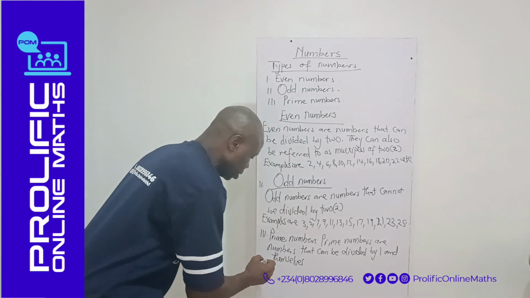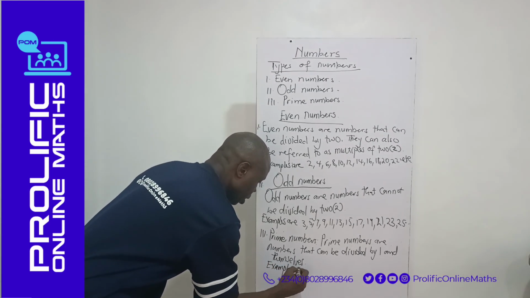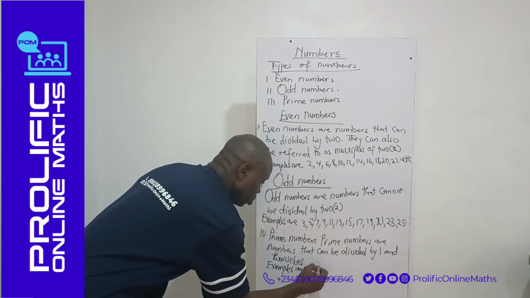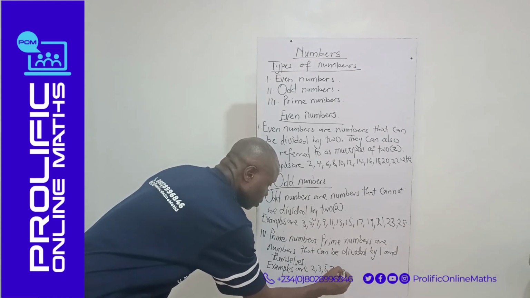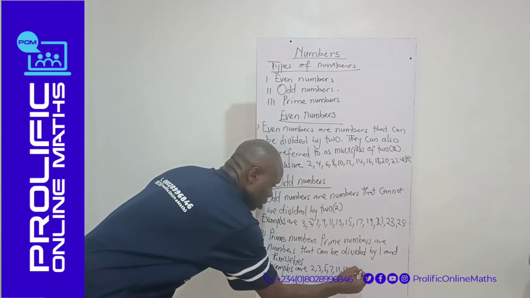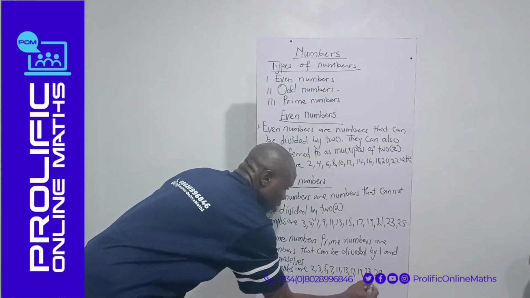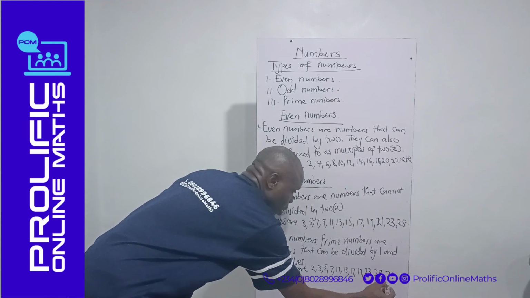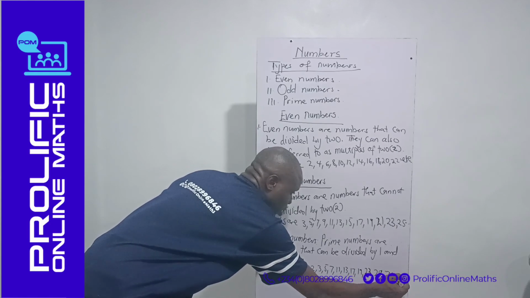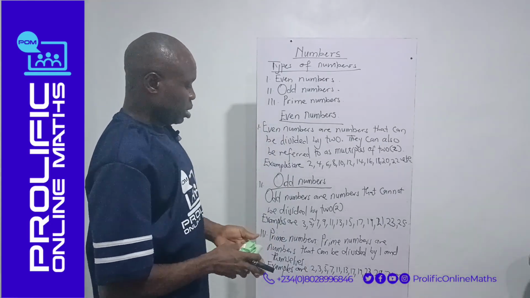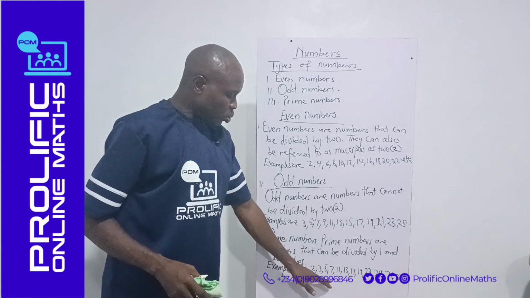Examples of those numbers are 2, 3, 5, 7, 11, 13, 17, 19, 23, 29, 31, 37, etc. Other numbers can be added, but all these numbers that I've just listed here are all prime numbers.